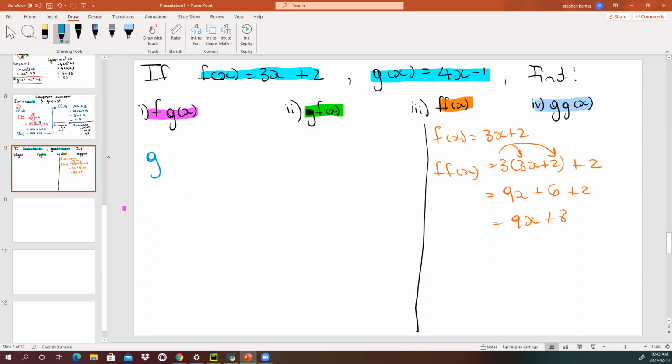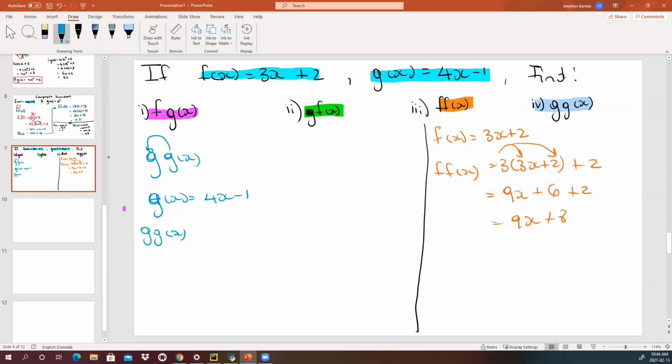So let me just write it here, g of g of x. So we're putting one g into another g. So let's put down the g first, which is g of x equals 4x minus 1. So we're putting another g into this function.